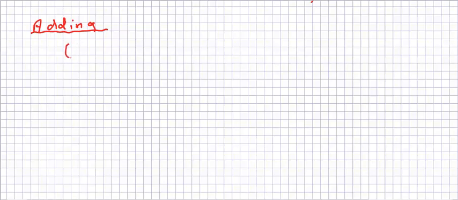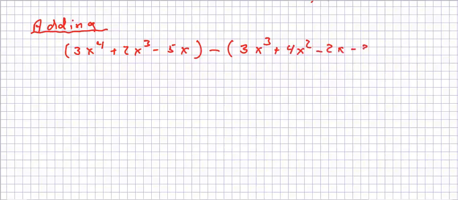But if I give you 3x to the 4th plus 2x cubed minus 5x minus the polynomial 3x cubed plus 4x squared minus 2x minus 3, all you're going to do, and I said adding, but adding and subtracting are the same, is combine like terms.